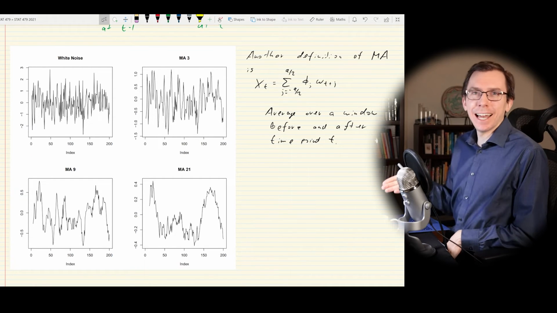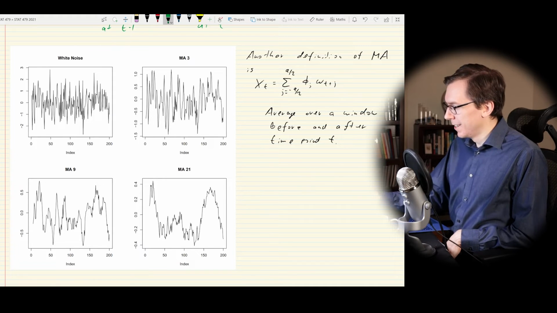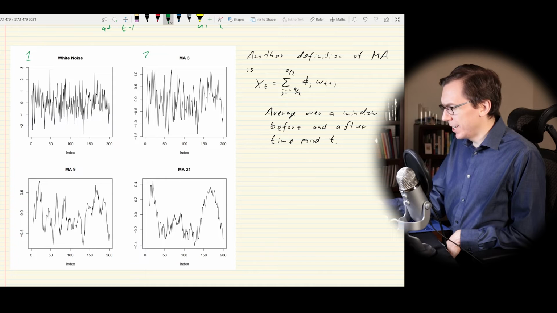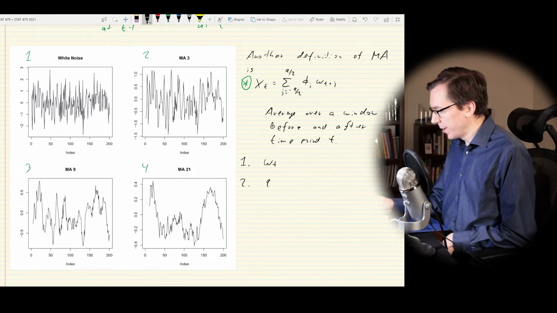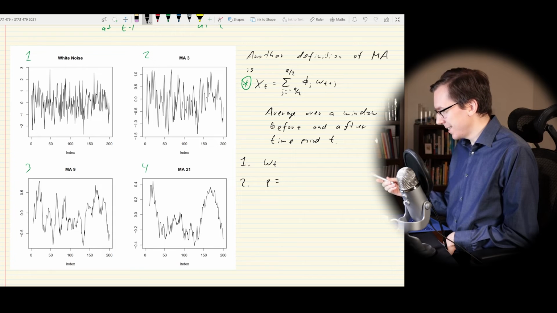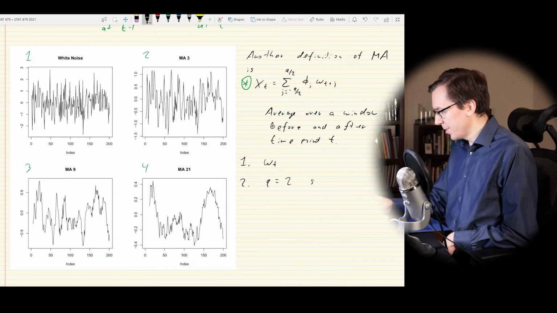And that's exactly what we're looking at in these plots off to the left-hand side here. So here we have 1, 2, 3, and 4 again. As before, number 1 is just going to be white noise. Number 2 is going to be this above-defined process that I put with a little star here, where q is going to equal 2.